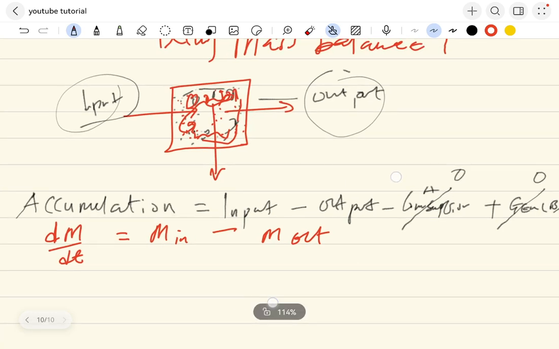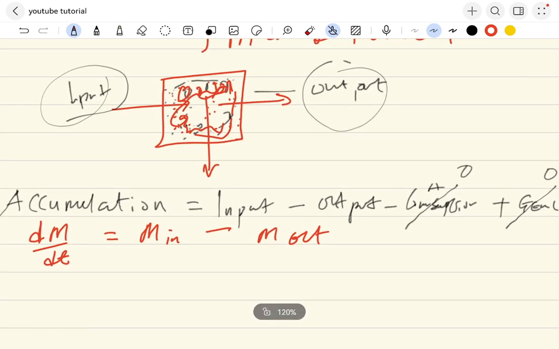So if for instance we assume that nothing is changing inside the tank with respect to time, which means the process or the unit is running under steady state, because whatever we put in, the same thing comes out, then the accumulation term is 0.